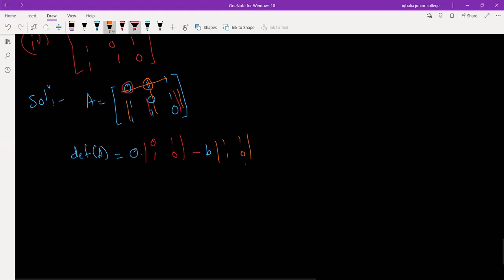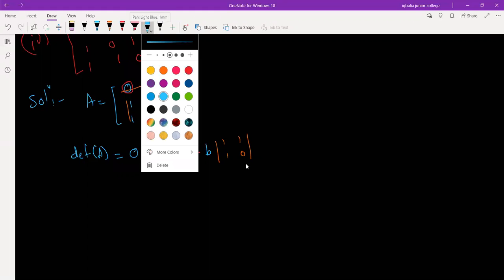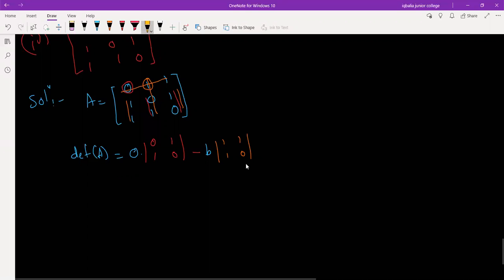Now this is our third element, and we have to multiply with its cofactor. I remove the respective row and column, and the rest of the part will be the cofactor. So here the cofactor is these, 1, 1, 0, 1.